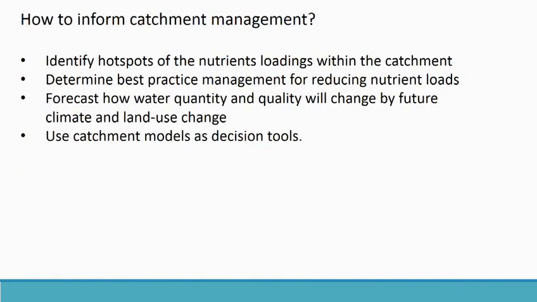So how can we inform better catchment management? If we are able to provide some information regarding identification of the hotspots of nutrient loadings, then that could be one solution.